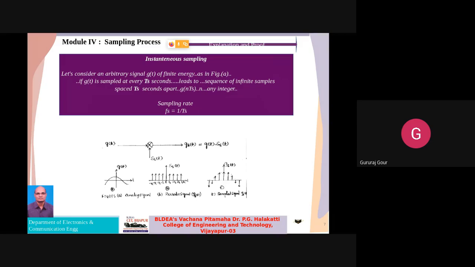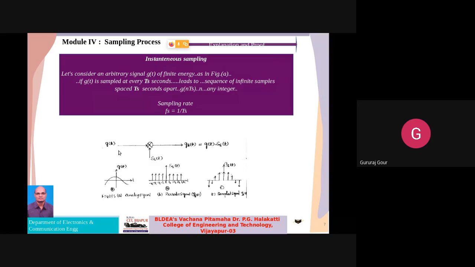Then we went on to discuss the sampling process with the help of instantaneous sampling, where we have considered an analog signal having this kind of shape, g of t. This gets multiplied with the train of impulses located at the interval of Ts. You can see s dou of t.